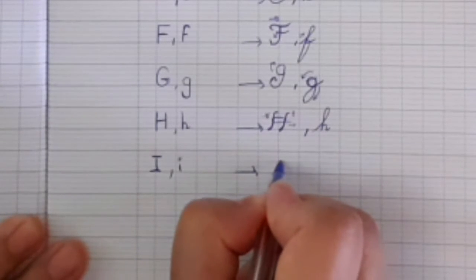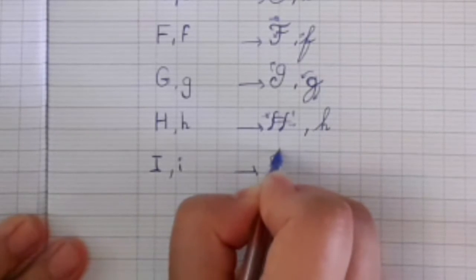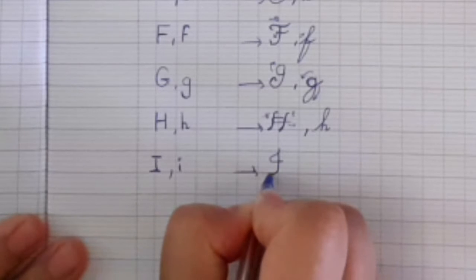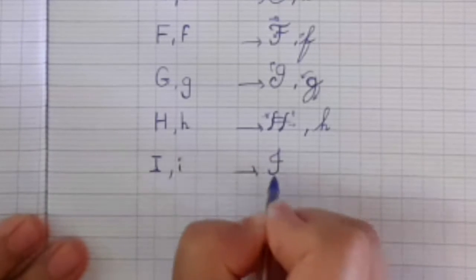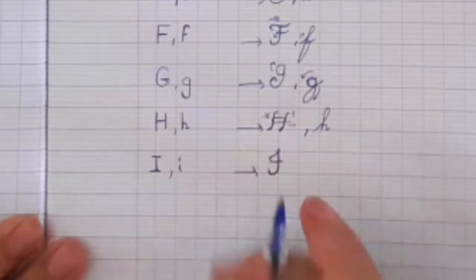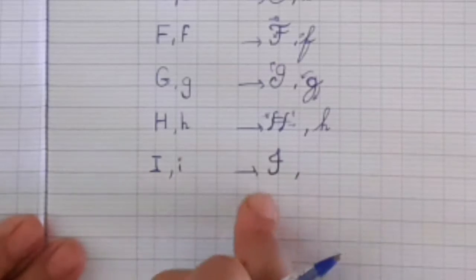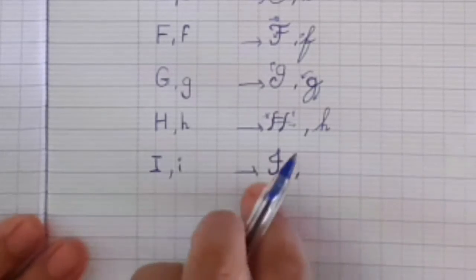One step we move our hands like that, then like that. This is how you write the I. So this is the capital cursive I.